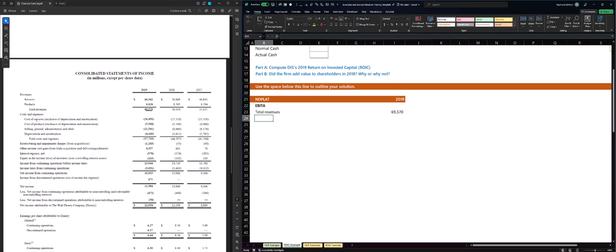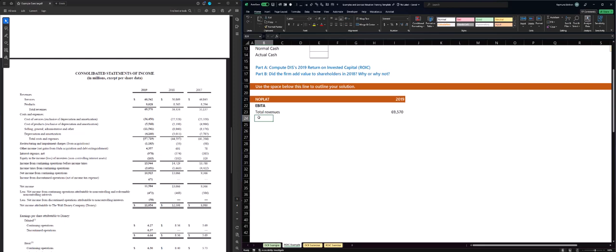Well, you have your costs, and I'm just going to read through. Everything looks like everything is operating, so I'm just going to take the total costs, so it's easier.